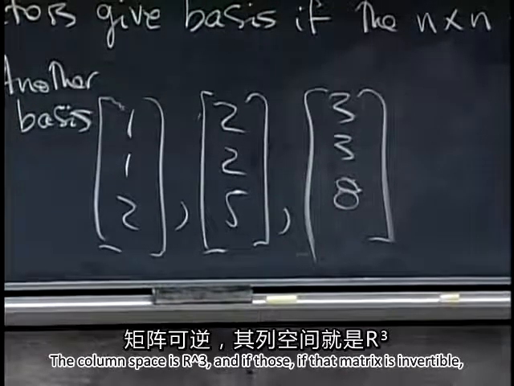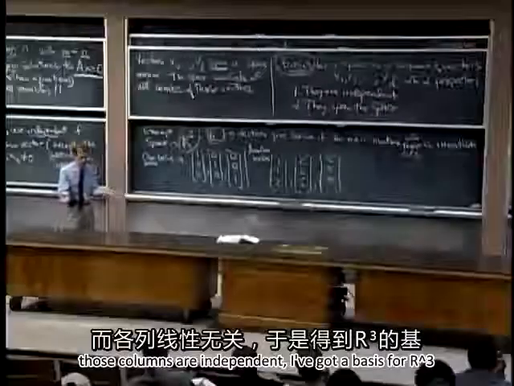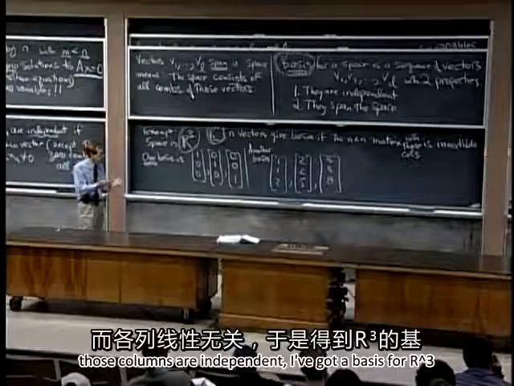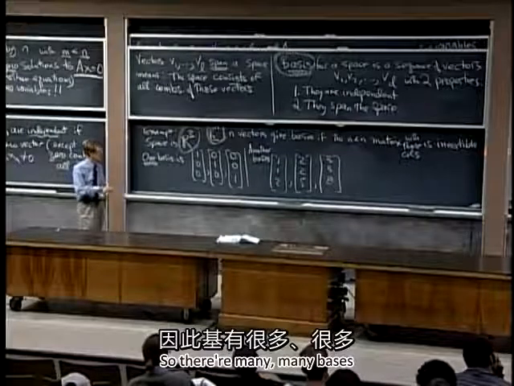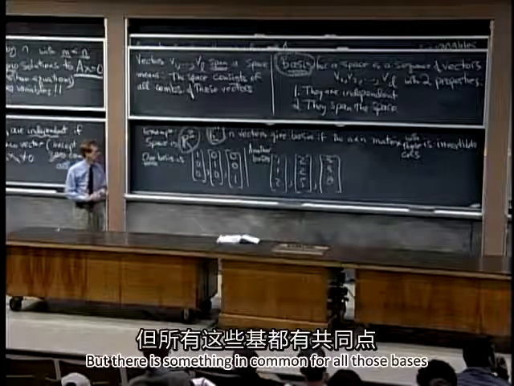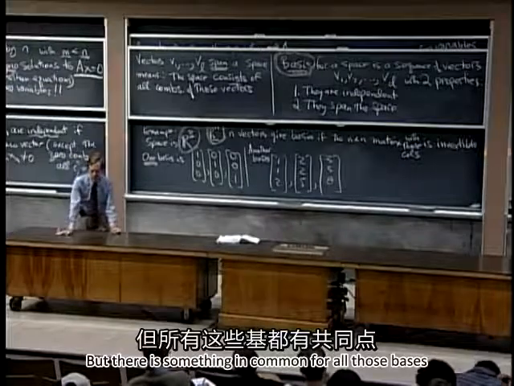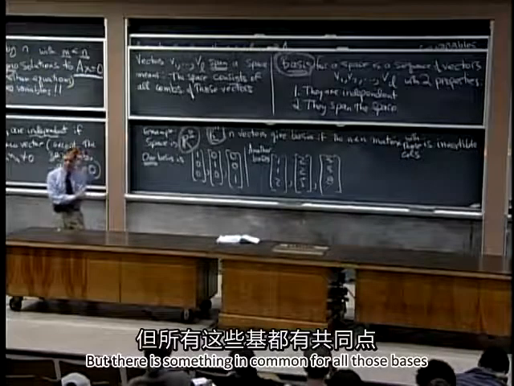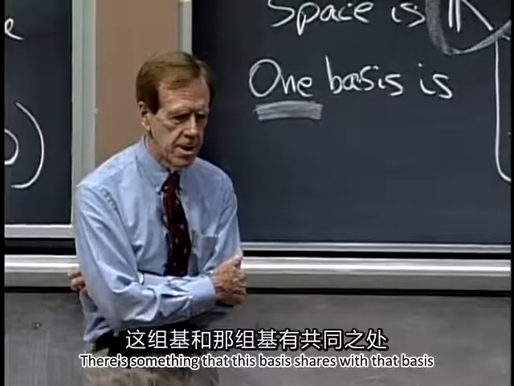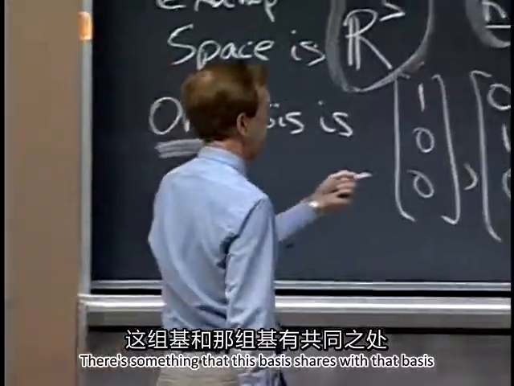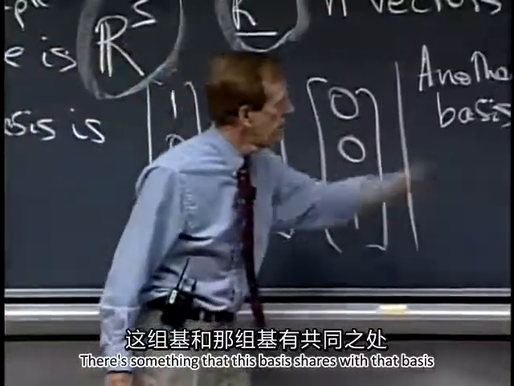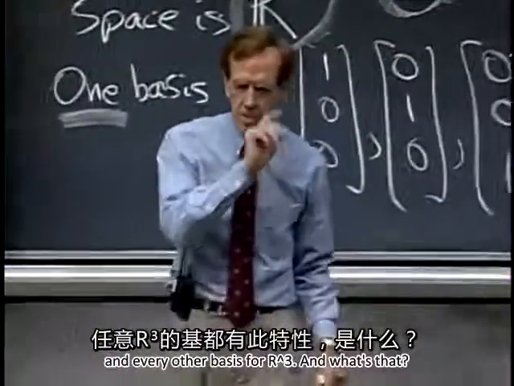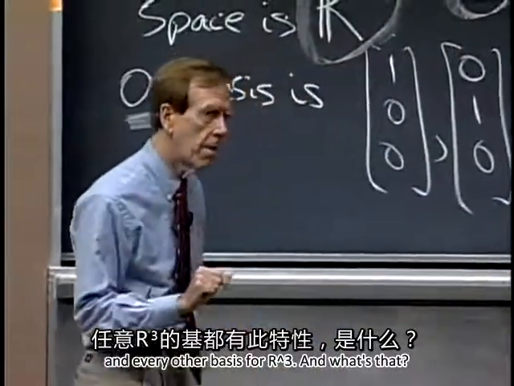The column space is R3, and if that matrix is invertible, those columns are independent. So there are many, many bases. But there is something in common for all those bases. There's something that this basis shares with that basis and every other basis for R3.